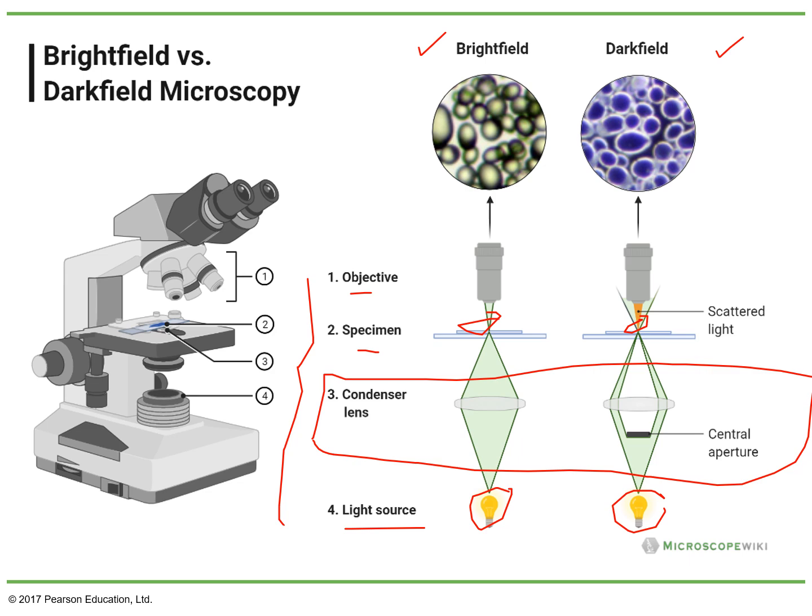In the bright field, as I said, you see the cells, the background is white, and the cells in the border look dark, while in the dark field it is the opposite. The outline of the cells in the dark field is white, while the background is black.